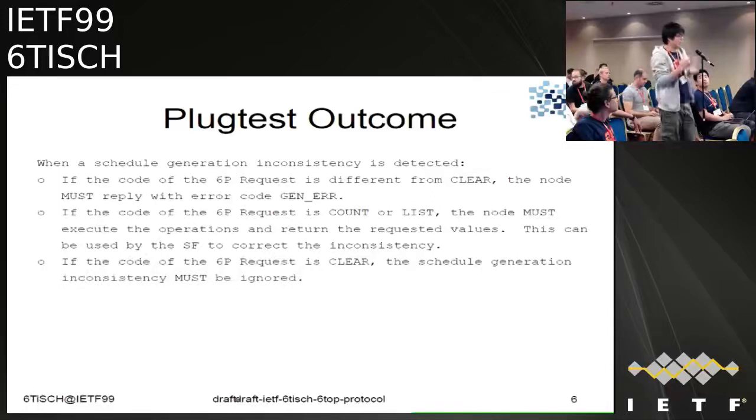The timeout should occur when, for example, the peer cannot receive the MAC ACK or something. It can be detected. And also the count or list command gives you more information to get back to the same synchronized schedule, the cells. So again, my proposal is to throw away the generation management. I think that's easier, but it has a huge impact on the draft.